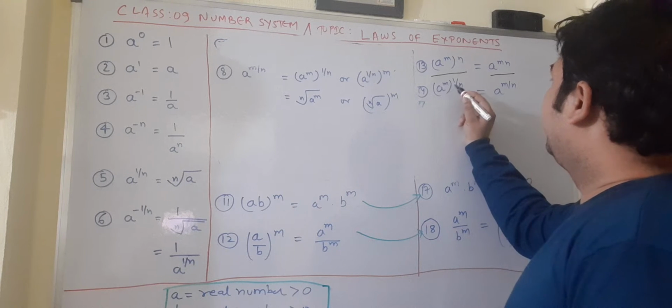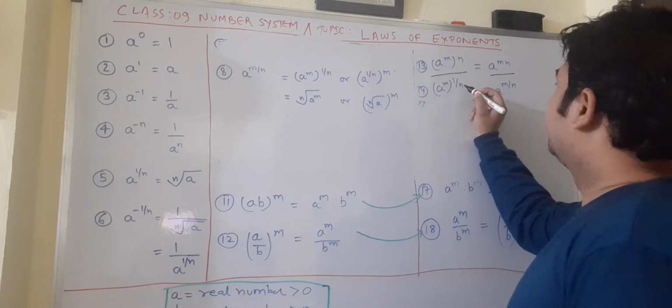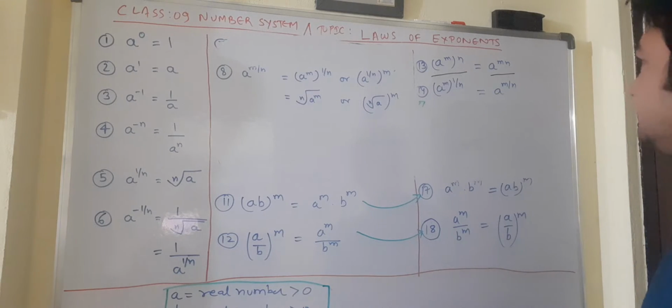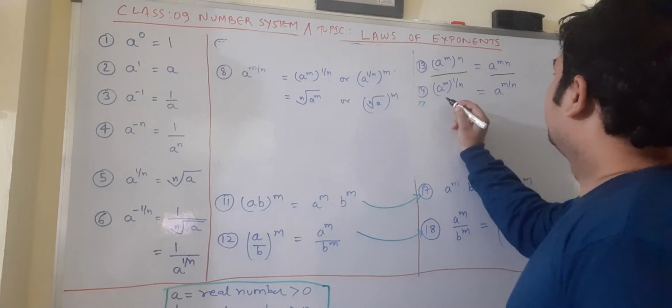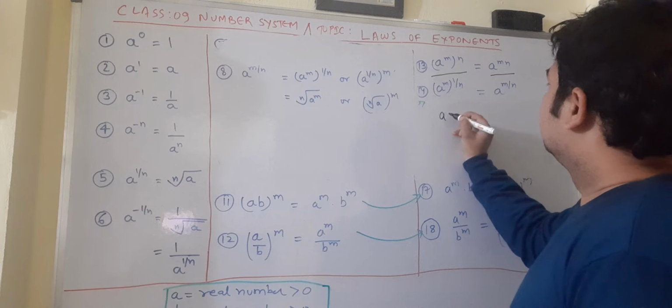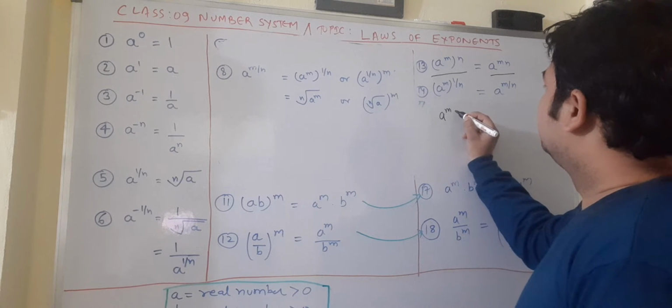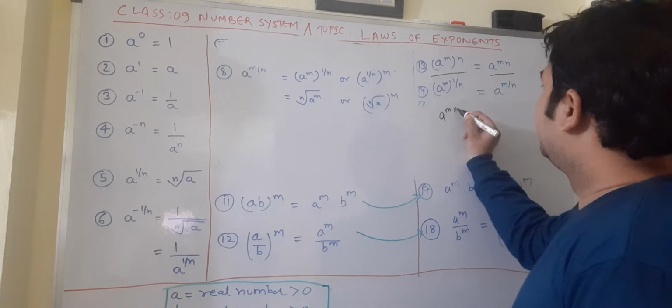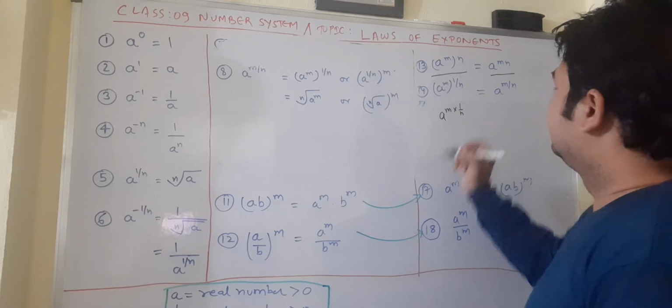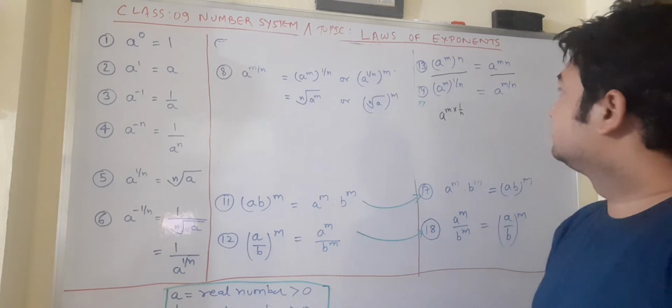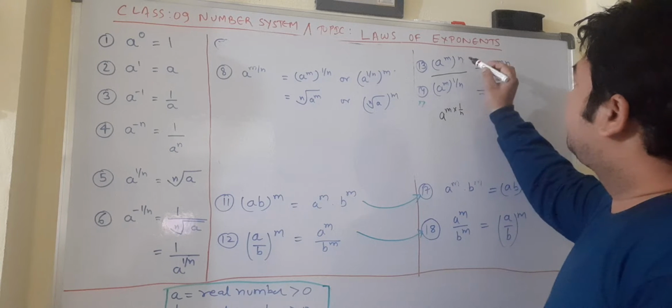Now see, a to the power m to the power 1 by n. This means a to the power m will be multiplied by 1 by n, isn't it? Because what you have studied, power of power gets multiplied.